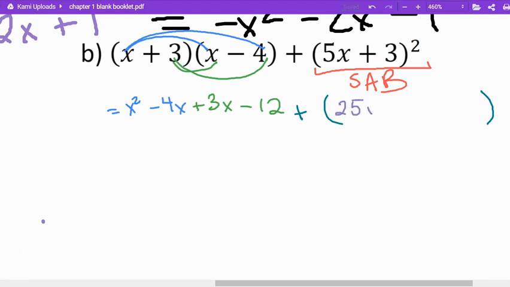Okay, so you're trying this on your own. Okay, 5x times 3 is 15. Doubled is 30x.